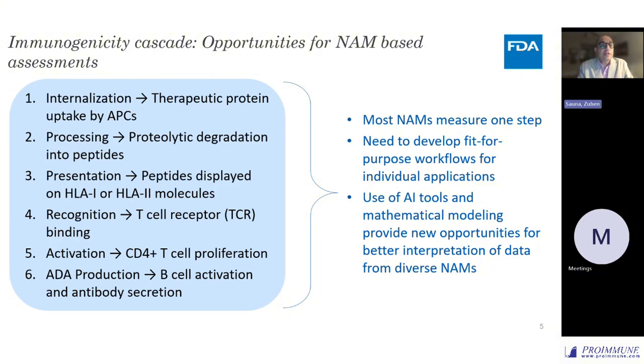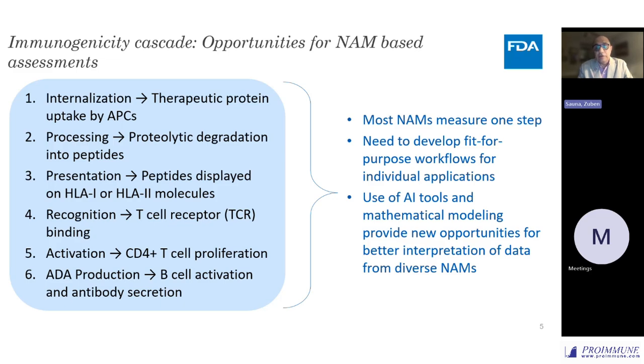So first and foremost, there is the internalization of the drug by antigen-presenting cells. There is the processing of that protein into peptides. There is the presentation of these peptides on either HLA class 1 or class 2, depending on how the peptide was generated, whether it was generated extracellularly and fed to the cells, or happened to be generated intracellularly itself.